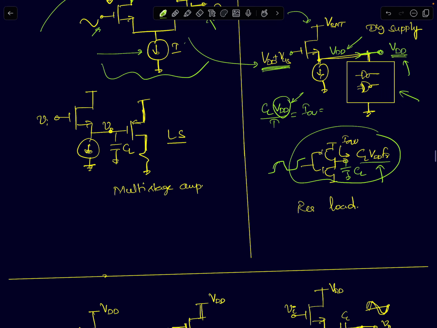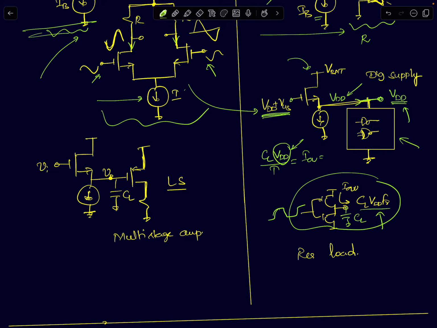Another example of a load of a source follower is where it happens to be one of the stages of a multi-stage amplifier. The source follower is driving another stage, a common source amplifier. So this is an NMOS common drain amplifier driving a common source amplifier.